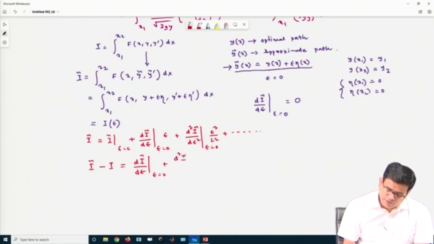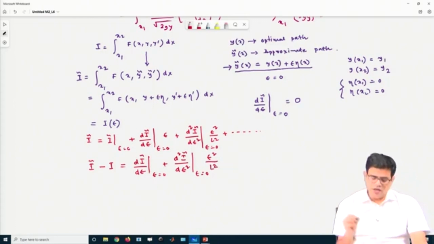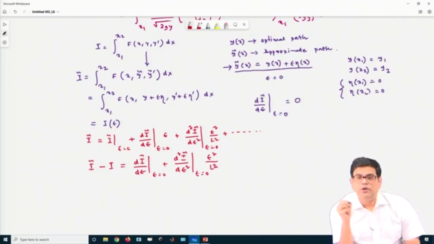This quantity is known as the variation of the functional I.